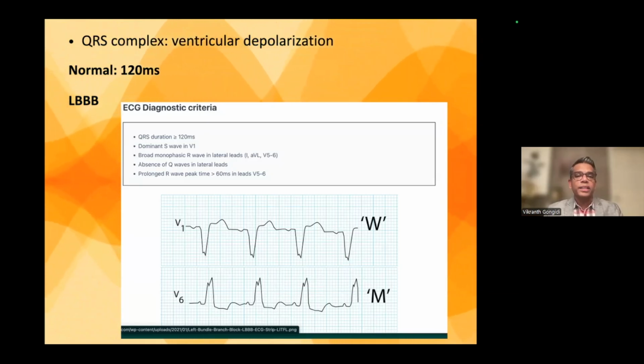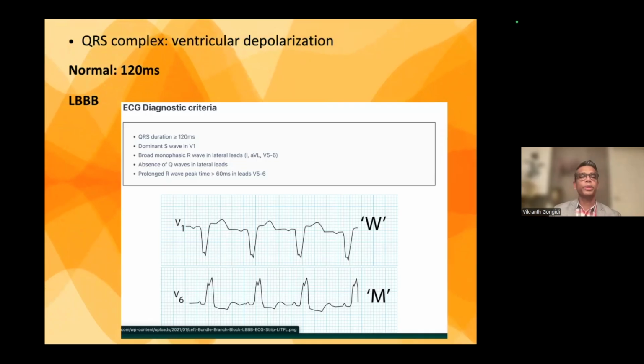Sometimes, if you do not see a Q wave in the lateral leads at all, that's a sign pointing towards a left bundle branch block. And there are other criteria in terms of prolonged R wave onset measurements, but that's a bit more detailed.